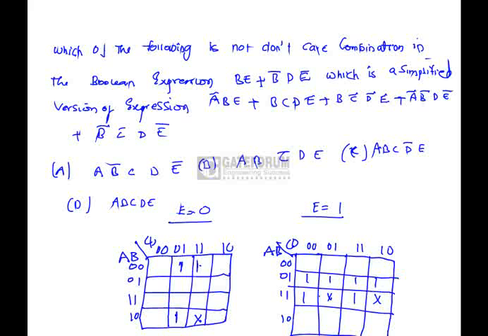See here the don't care combinations are these. If we write the expression for these three don't care conditions, you will get A, B, C. So D is the only option which is not a don't care condition. Hence option D is correct.